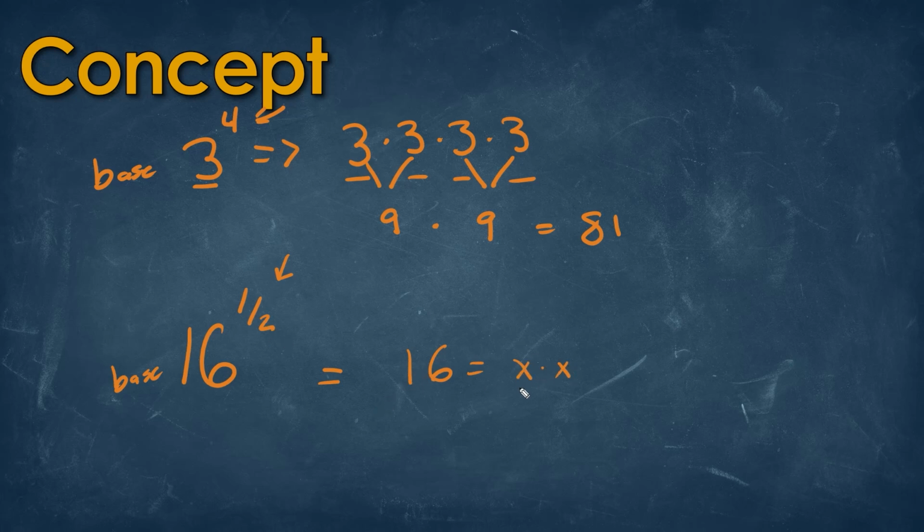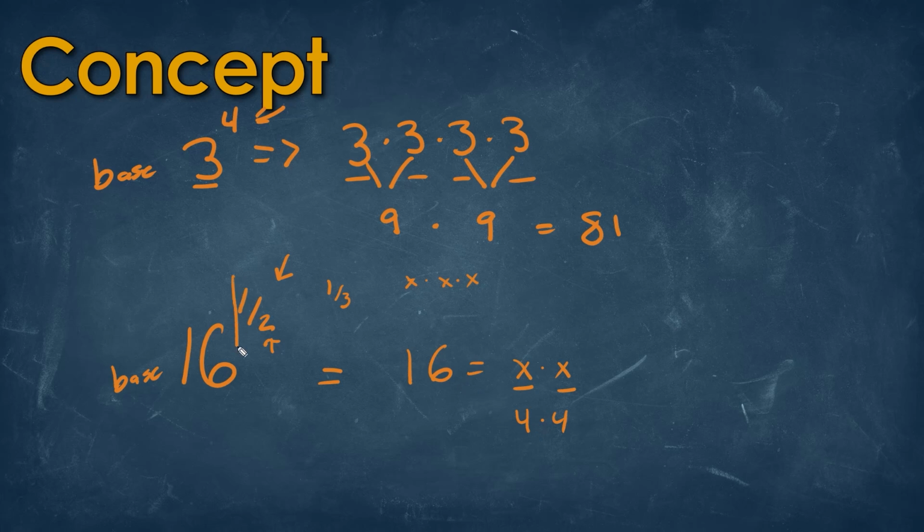The reason we have two values is because of this denominator of 2. If we had, say, 1/3, that would be 3 values of x, x times x times x. And this can help us solve some problems. So what two values can you multiply to get 16? That is going to be 4 times 4. 4 times 4 would be equal to 16.